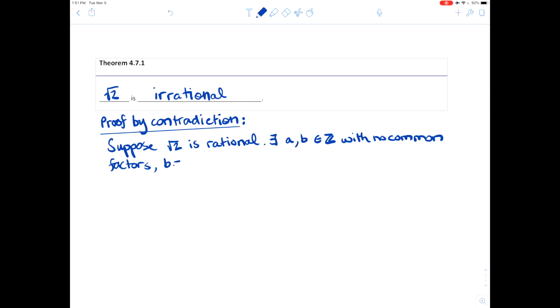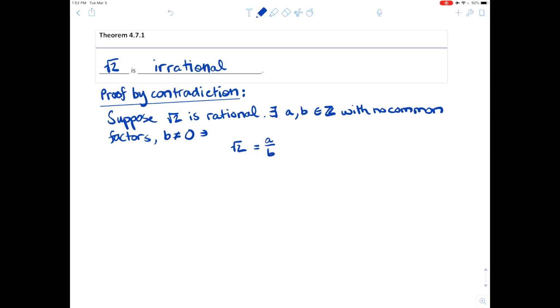And also remember B can't be 0. Such that the square root of 2 would equal A over B, by definition of a rational number.